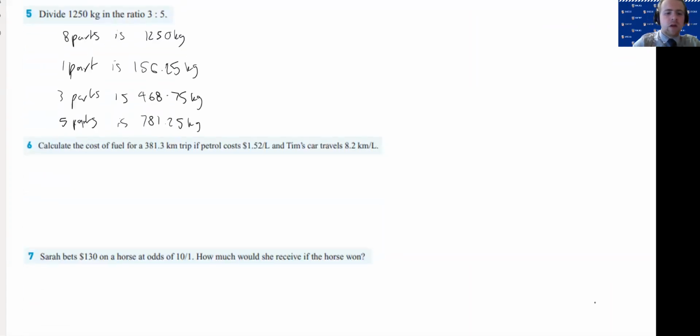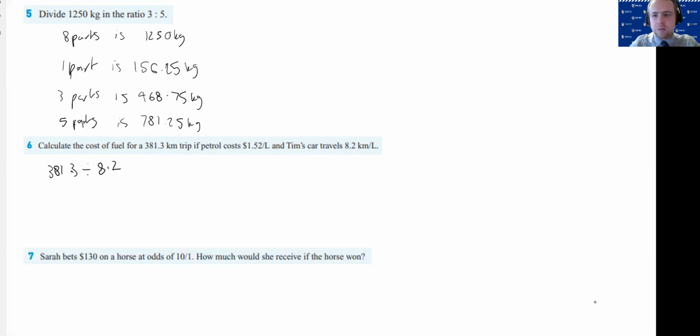Okay, calculate the cost of fuel for a 381.3 kilometer trip if petrol costs that much per litre and the car travels at 8.2 kilometers per litre. Okay, so what we first need to do is find out how many litres we're going to need. So we're going to have to do 381.3 divided by 8.2.